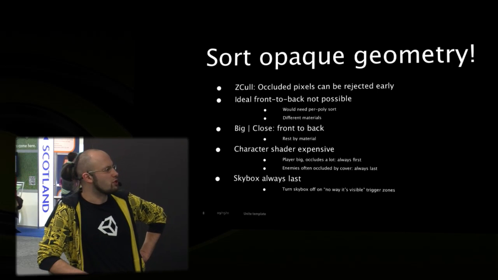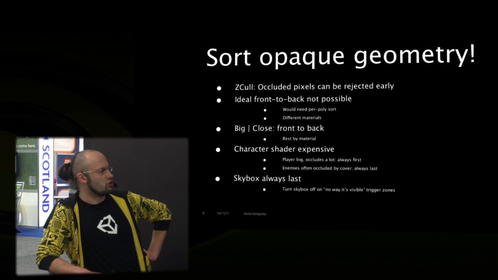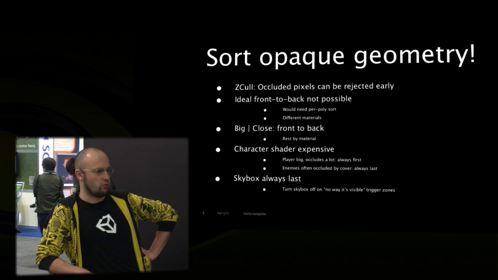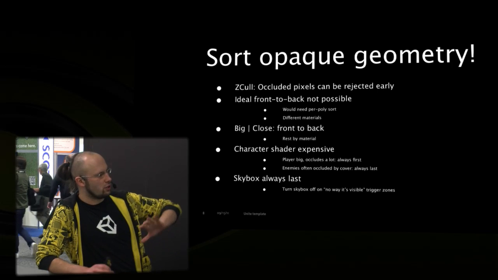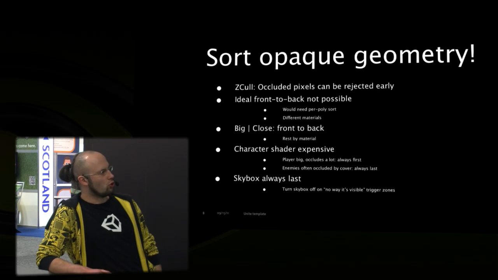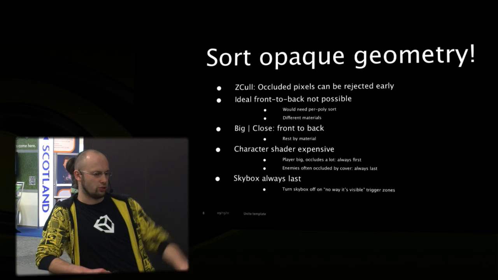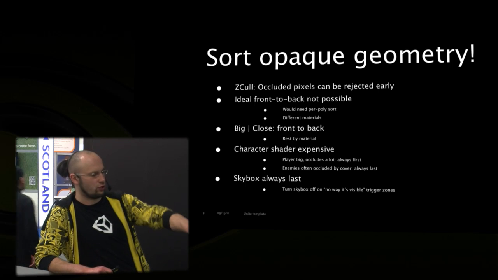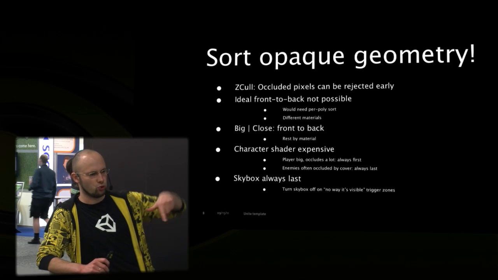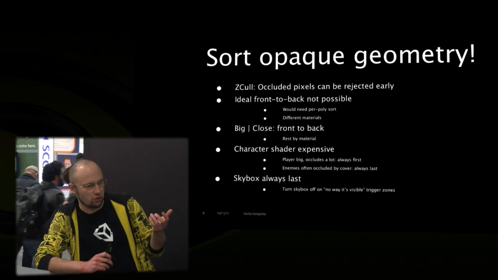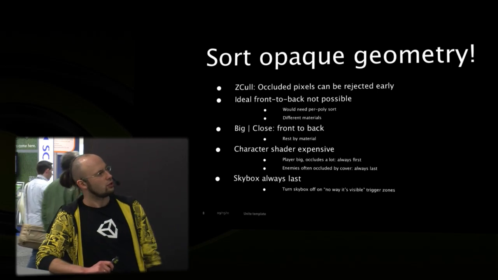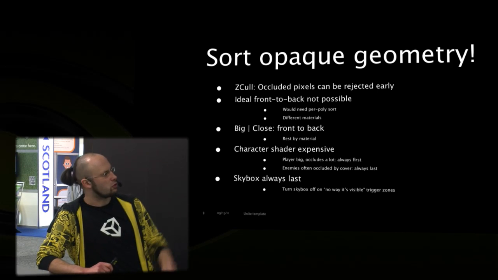We did some tricks too. We always know that the character is in front of the camera and most probably covering quite a lot of the view, so we force the character to render first. We know the enemies are usually hiding behind some wall or crouching behind something, so we force them to render after all the environment was rendered.